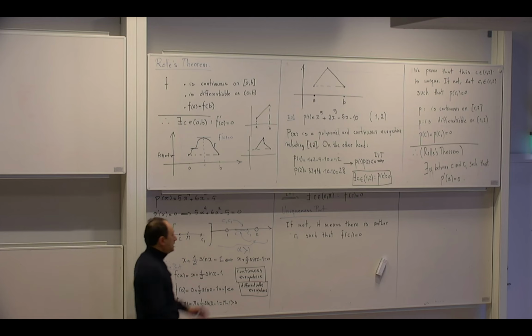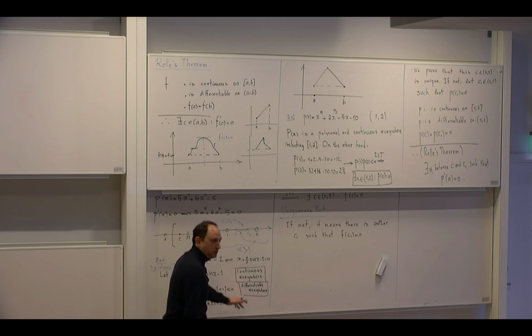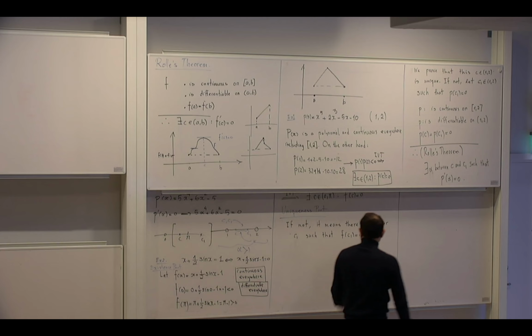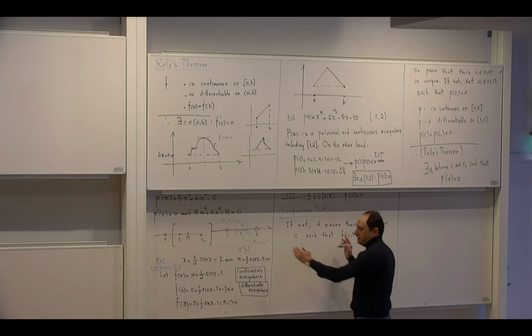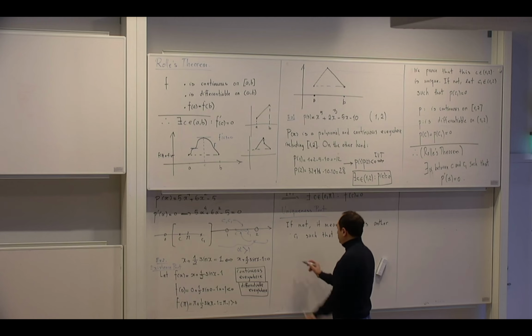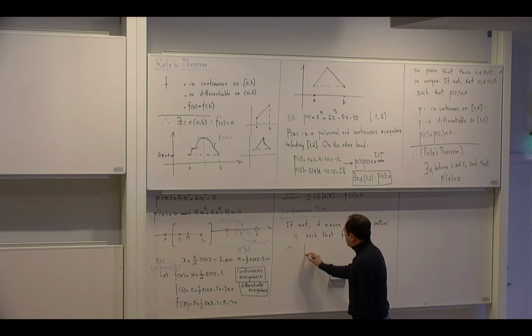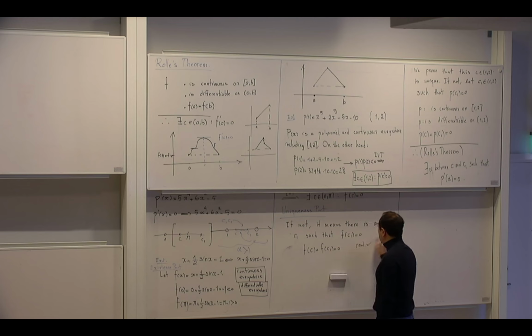Because it is everywhere continuous and everywhere differentiable, I don't face problems with those. But then, if that happens, it is guaranteed that I can have another alpha. So therefore, f of C is equal to f of C1 is equal to 0. Continuity is done.